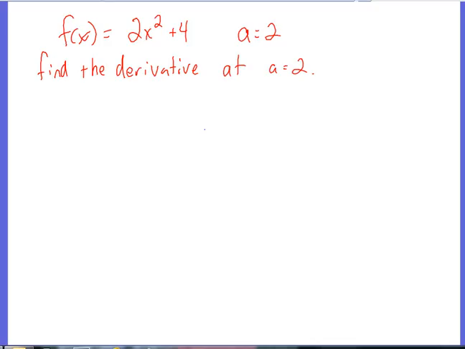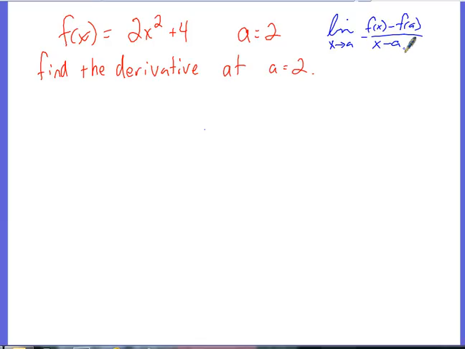Okay. Let's try another one. Actually, you try this one. All right. So my rule, just so we have it. Okay. So my rule is the limit as x approaches a of f of x minus f of a over x minus a.